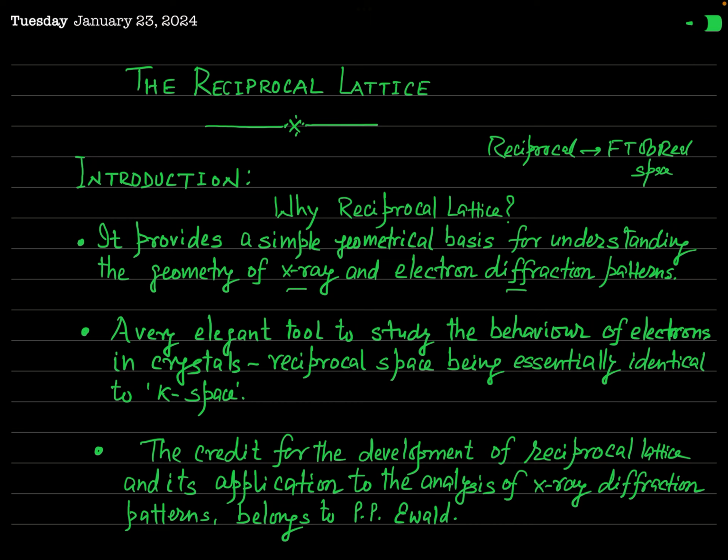The idea of the Brillouin zone can be dealt with in terms of the reciprocal lattice. At the same time, as I have told you earlier, diffraction phenomena can be easily understood in terms of the reciprocal lattice, that is the diffraction of X-rays, electrons, neutrons, etc.